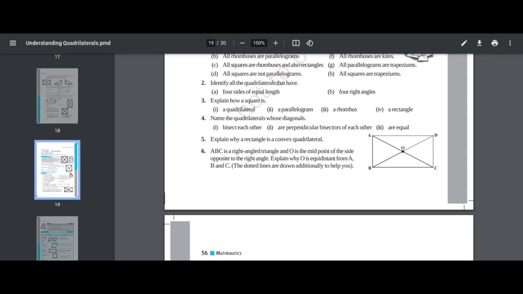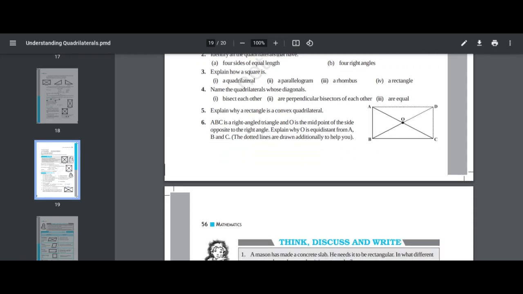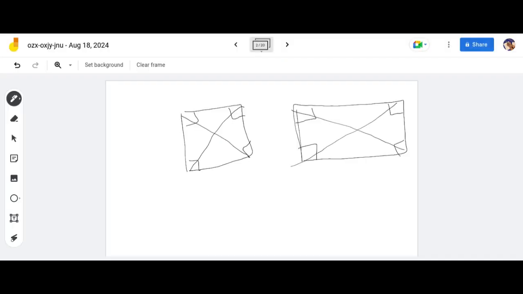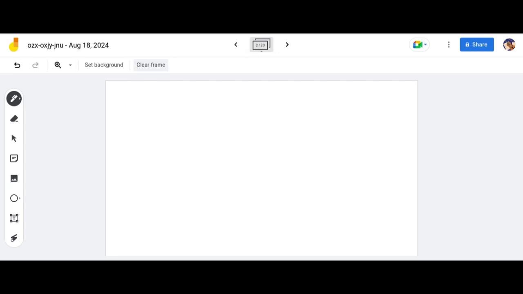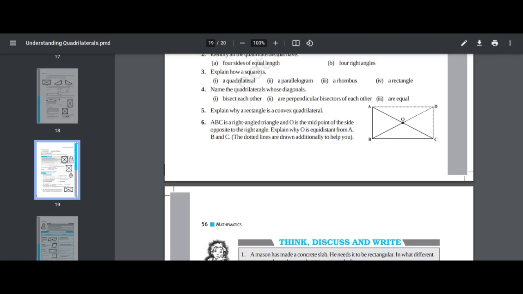Question number 6. ABC is a right angle triangle and O is the midpoint of the side opposite to the right angle. Explain why O is equidistant from A, B and C. This is a right angle triangle, half of a rectangle.